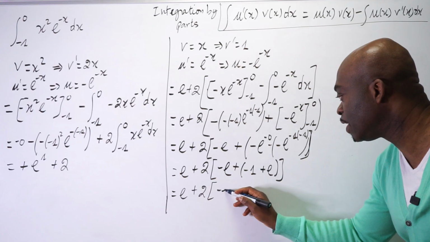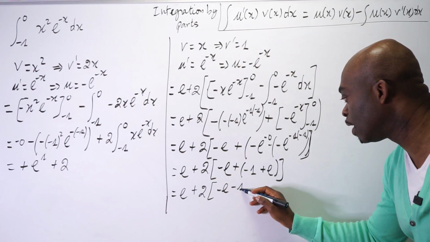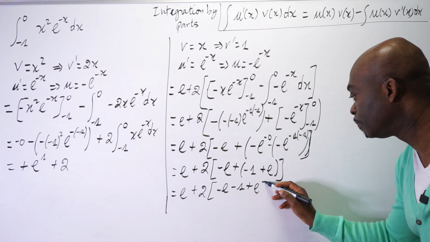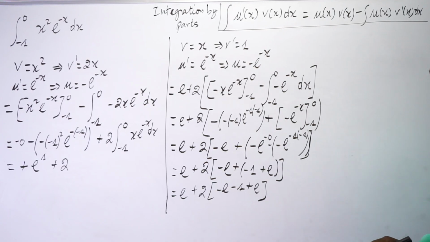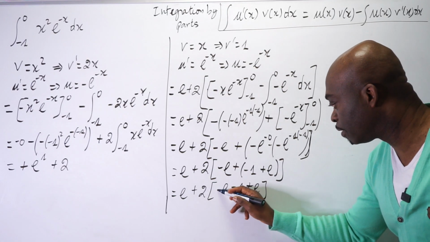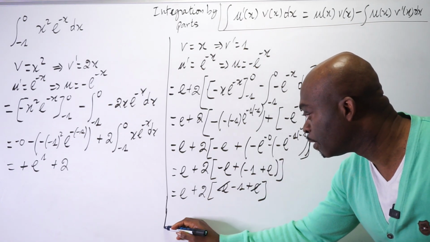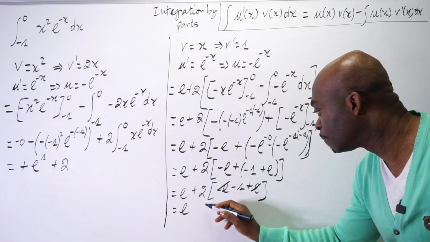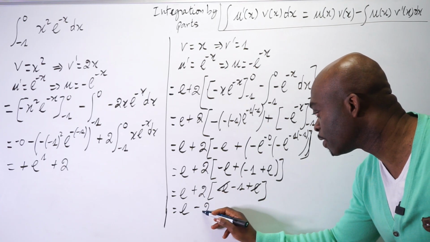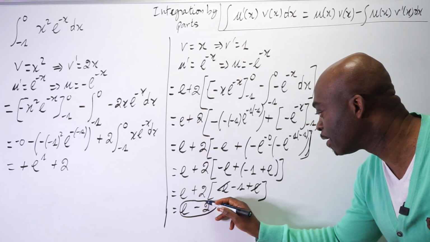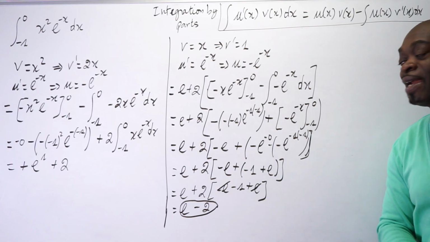So we have negative e, then minus 1 plus e, all right? And then these two we crossed out. So you end up with e, 2 times this one is minus 2. And ladies and gentlemen, your final answer is e minus 2.